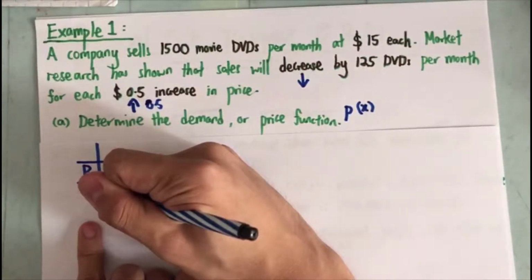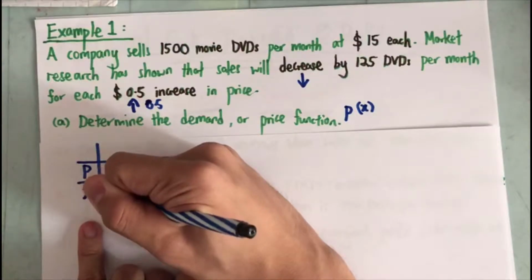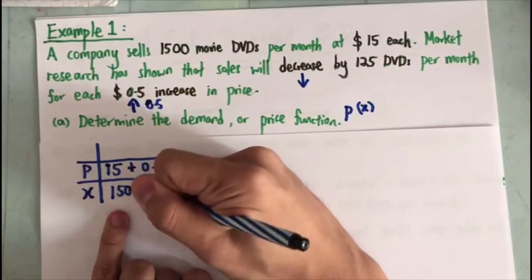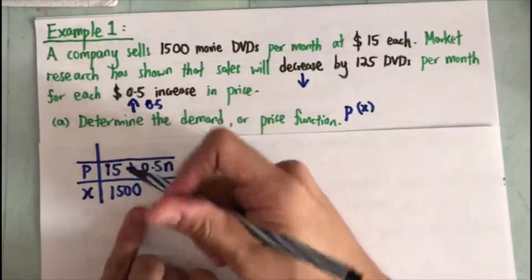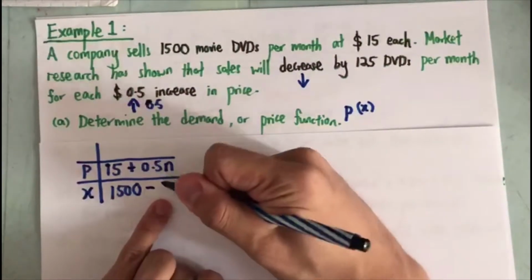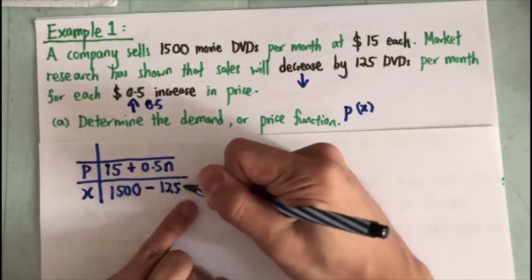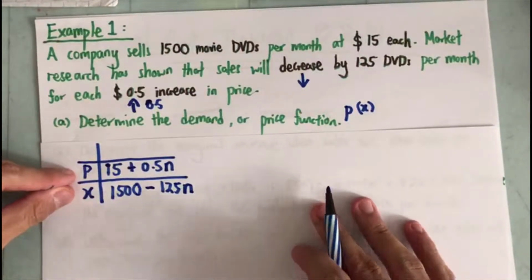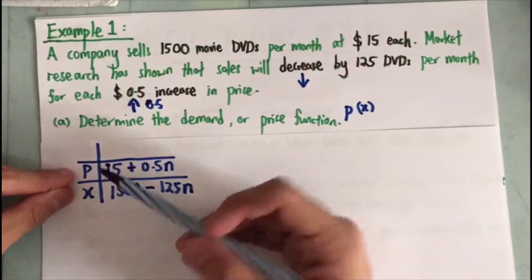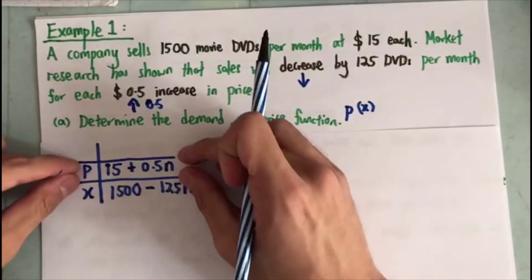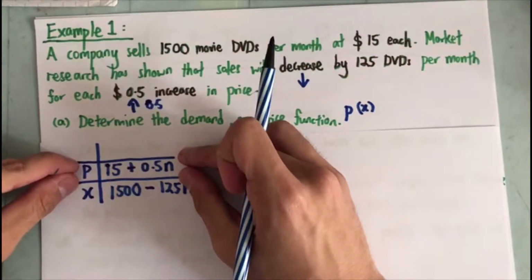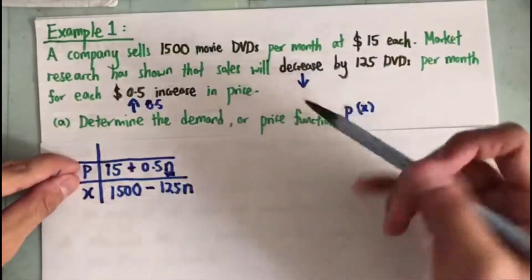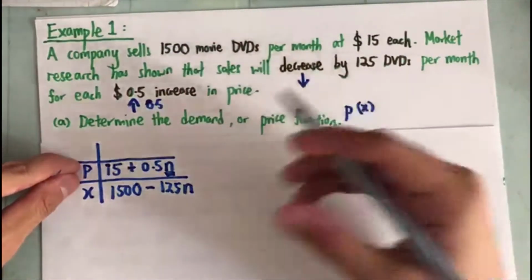And then for the number of units sold, initially it was 1,500 movie DVDs, and then it decreased by 125 movie DVDs every time you increase the price. Therefore, we have these two pieces of information. So somebody asked me, why can't we just stop here and use this as the price function? Because it is expressed in terms of n, not x. The question says x because they didn't specify.